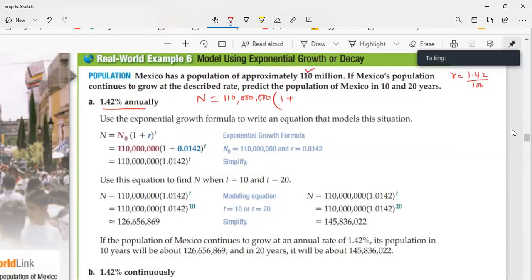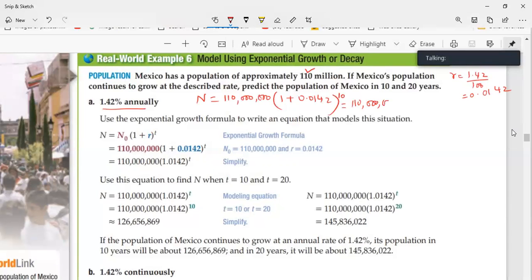The decimal will move 2 places to the left, so 0.0142 will be the value of R, raised to power t. Here time is 10 years and 20 years. So first we will put 10 years and calculate for 10 years, then 20 years.